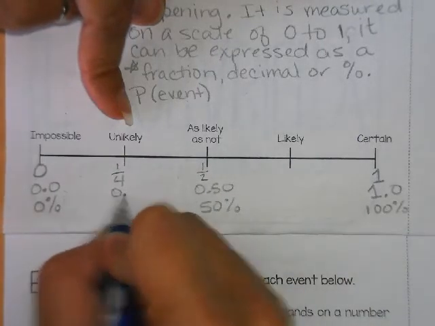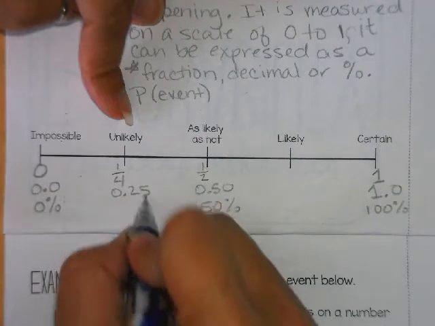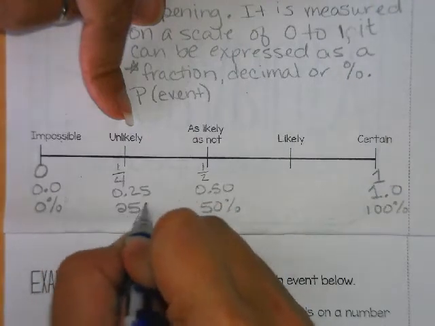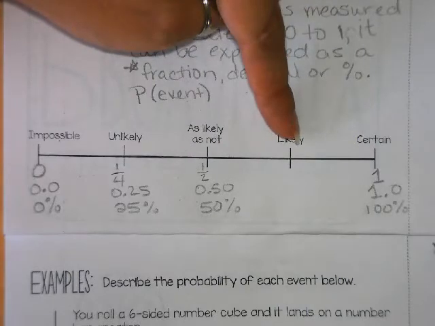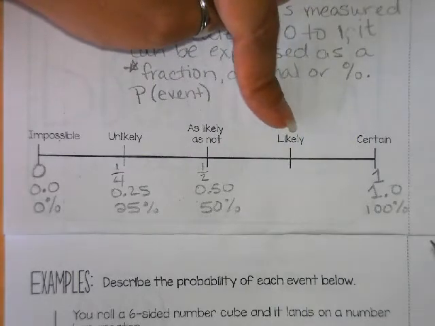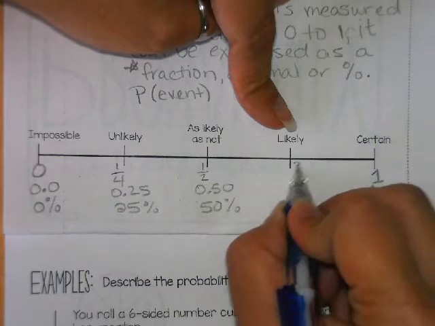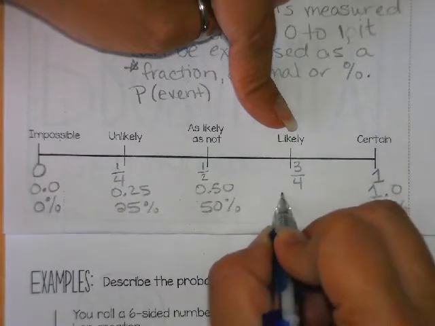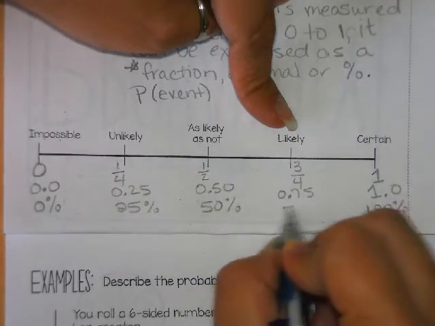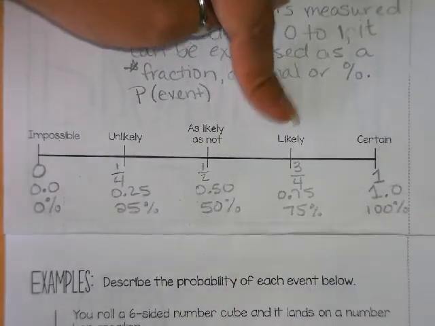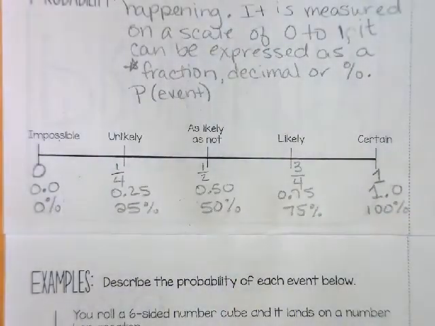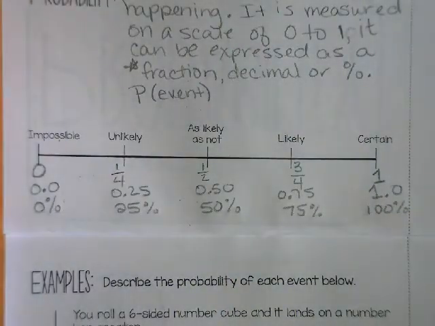Doesn't mean it's absolutely not going to happen, but it's fairly unlikely. Likely means it's probably going to happen, but there's a slight chance that it won't. So we could say 3/4, 0.75.